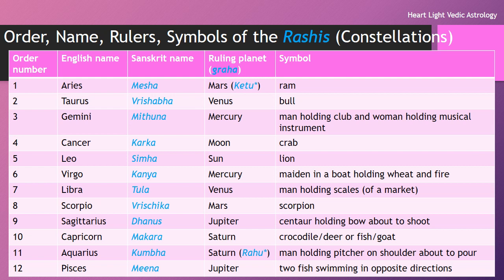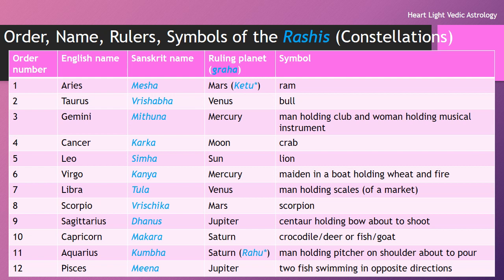So what we have here is a table, and this is probably the most basic information about the constellations or Rashis, as they're called in Sanskrit. So this is the order number. There's a first constellation, first Rashi, second. There are 12 of them in total, as you can see.